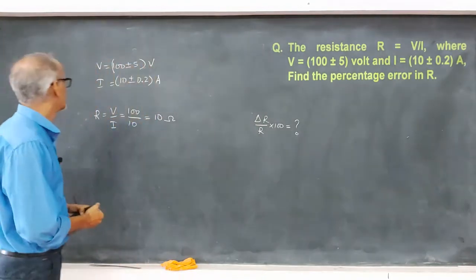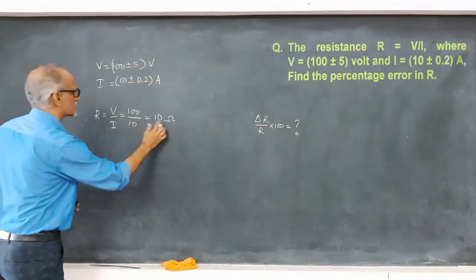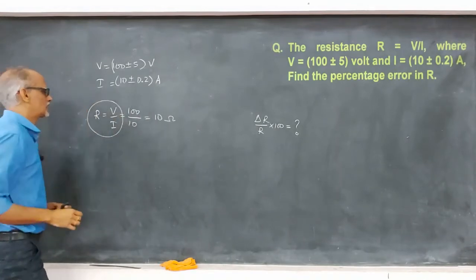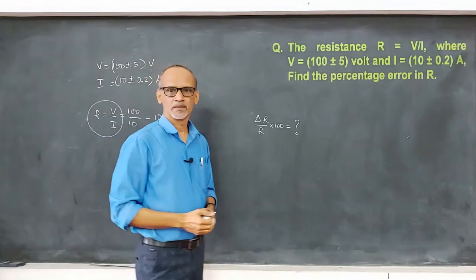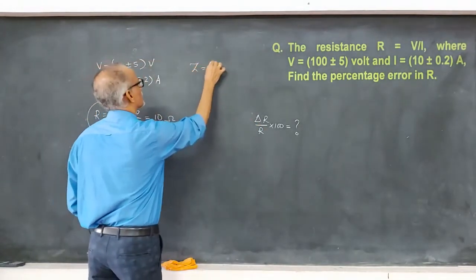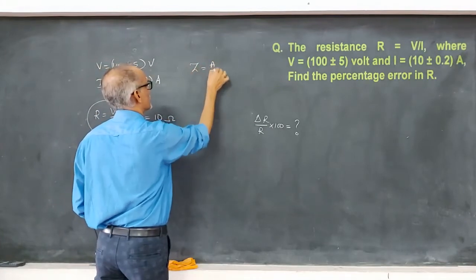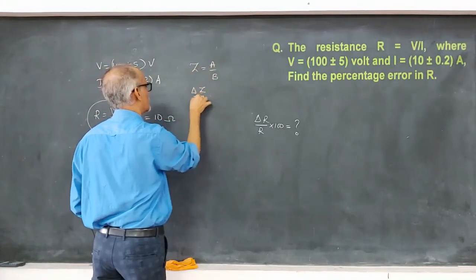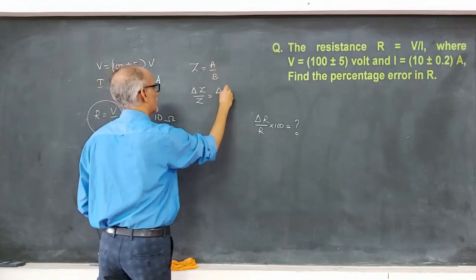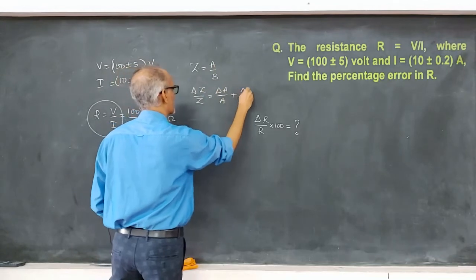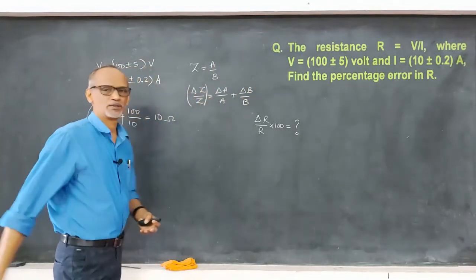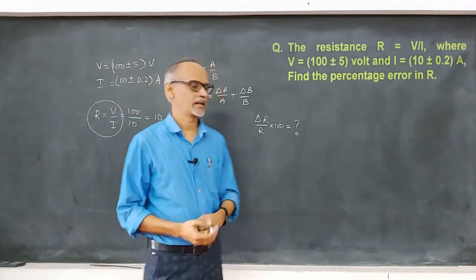Okay? So now here R is given. This is R, and R is equal to V by I. So recall the formula. Z is equal to A by B. When Z is A by B, what is the fractional error? Delta Z by Z is equal to delta A by A plus delta B by B. There we get the value of the fractional error which is required here.